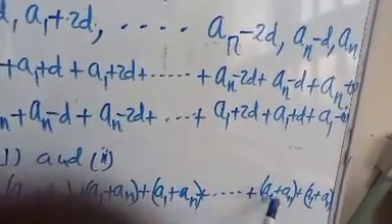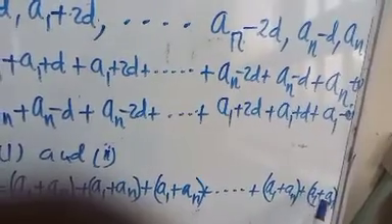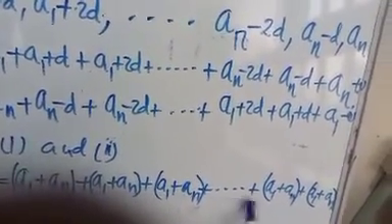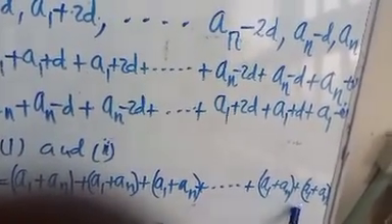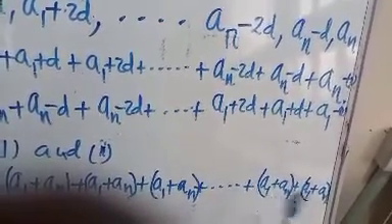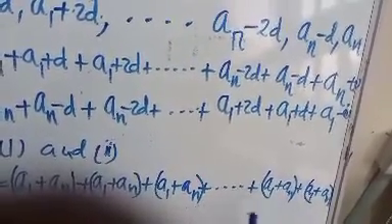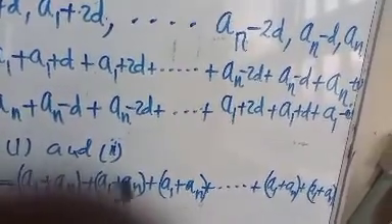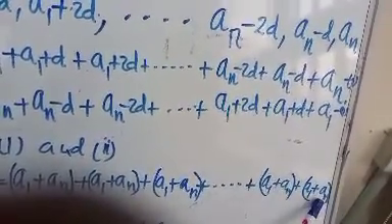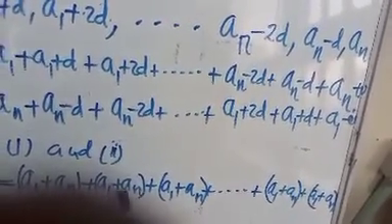So these are many, because the last term is an, and the number of terms is n. Therefore, if we count these terms, it goes up to n. So when you count them, you get a1 plus an, n times.